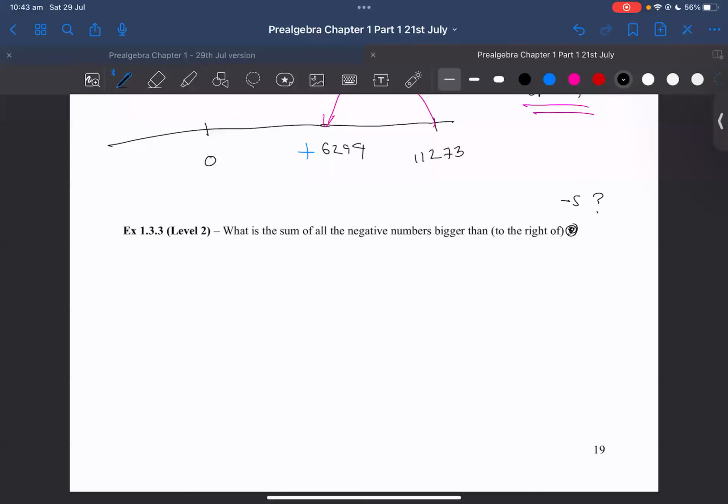I'll give you a hint: you should be thinking of what those numbers are first before you figure out how to add them together.